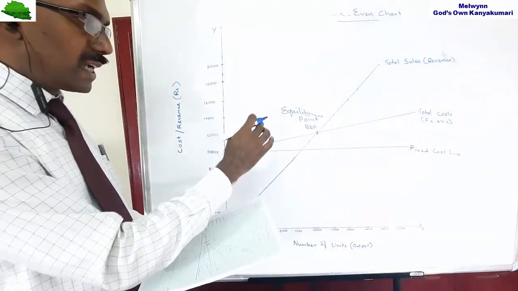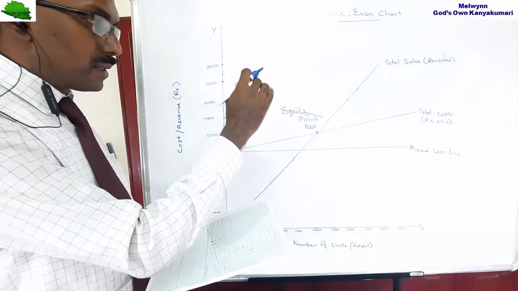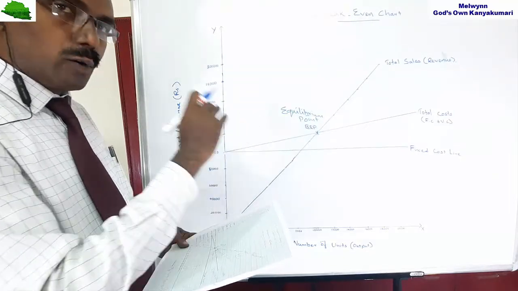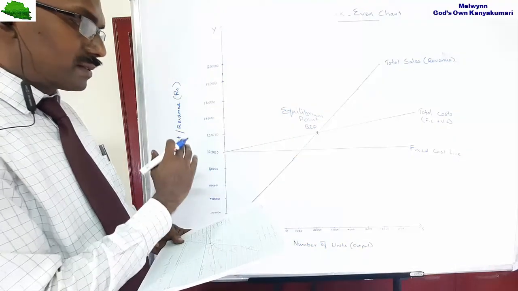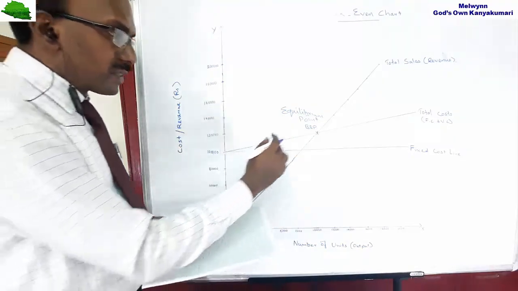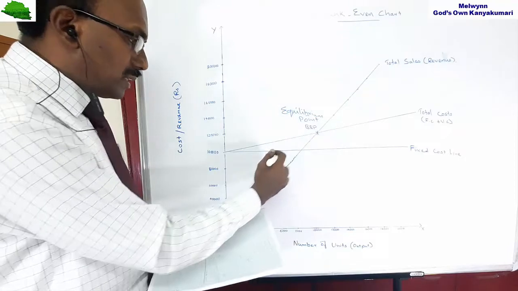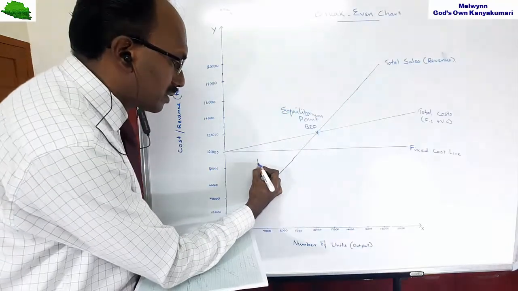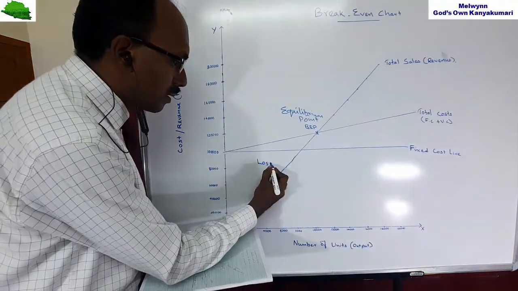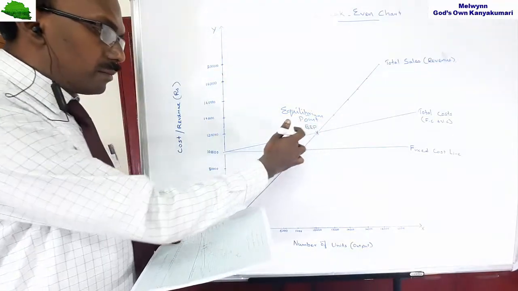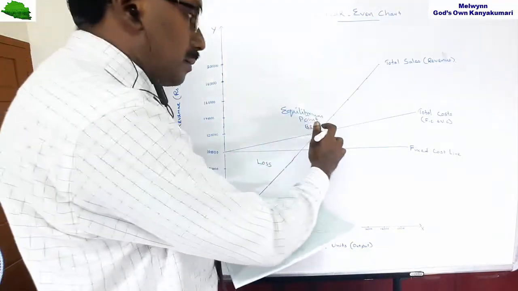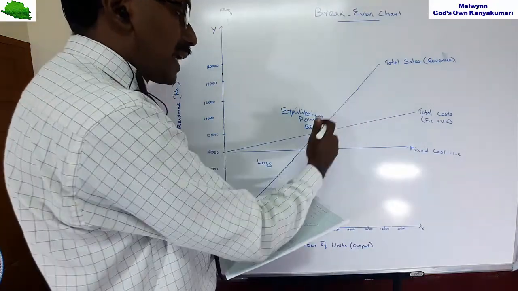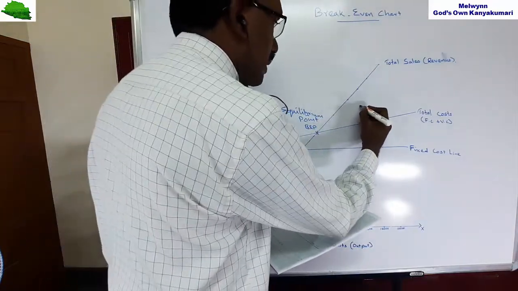So in this break-even point, the company is getting no profit, no loss. So here the area below this break-even point is loss. Then the area above the break-even point is profit.